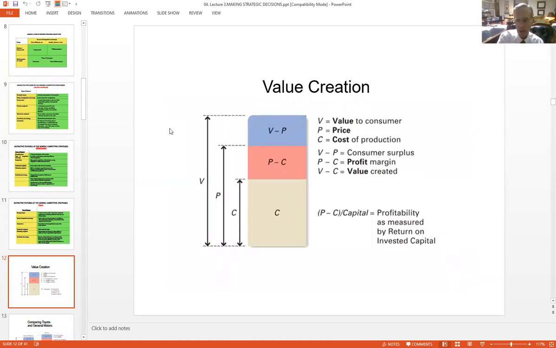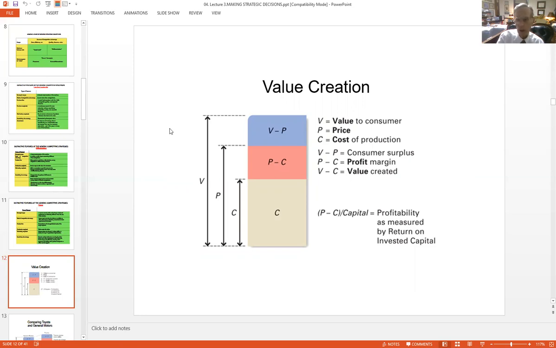Suffice to say that we can think in terms of both value and cost when we're thinking about these strategies. So here's a very simple little diagram. And the blue section of this column represents the consumer surplus.